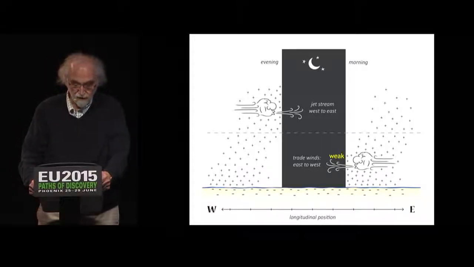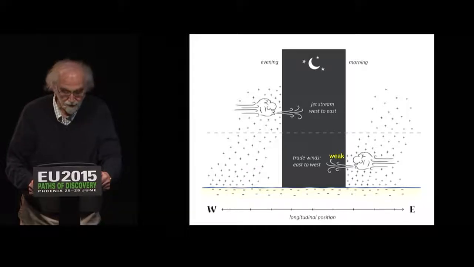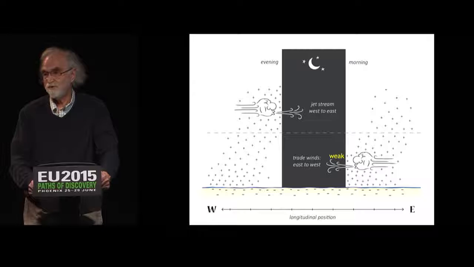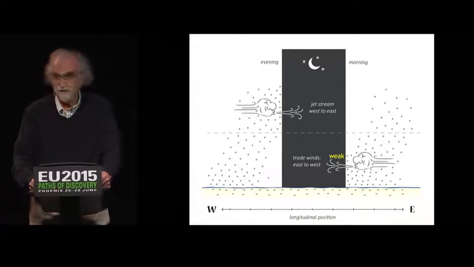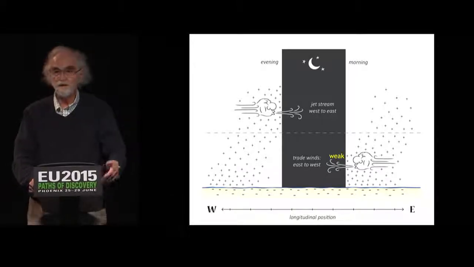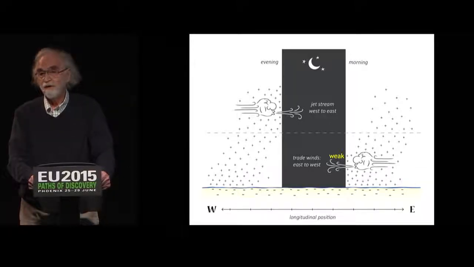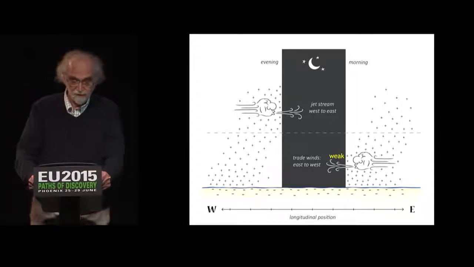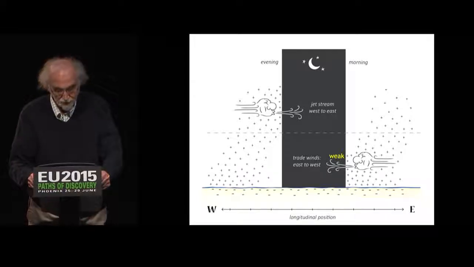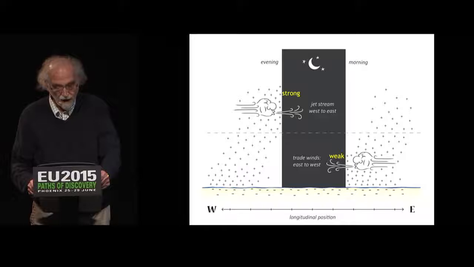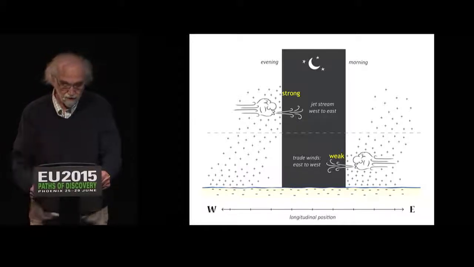And anybody who's flown knows that there's a wind that blows continuously up high. It's called the jet stream that flows from west to east, and it's pretty strong, 100, 200 miles per hour. So if you fly to New York, it's quicker than if you fly from New York to Seattle or Los Angeles.